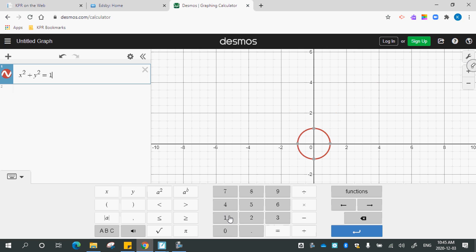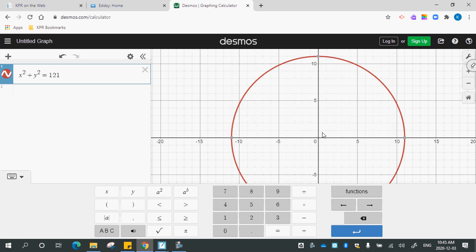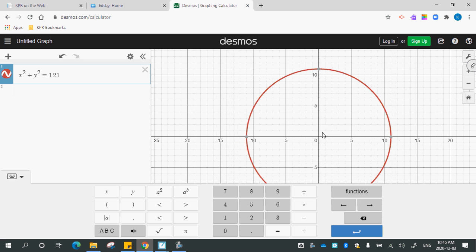And there's my little circle with a radius of 1. Okay, or I can change 1 to 121. And I have to shrink down so you can see that it has a radius of 11. Okay, and notice the center is 0, 0.